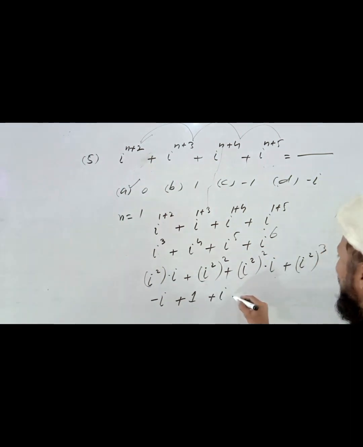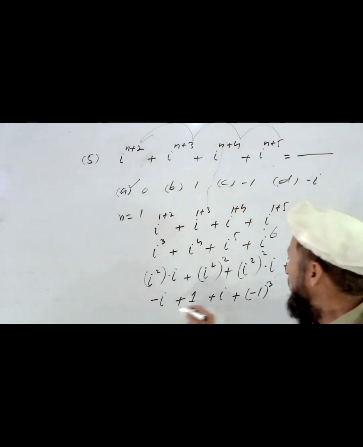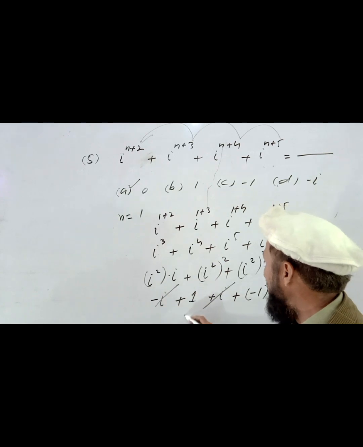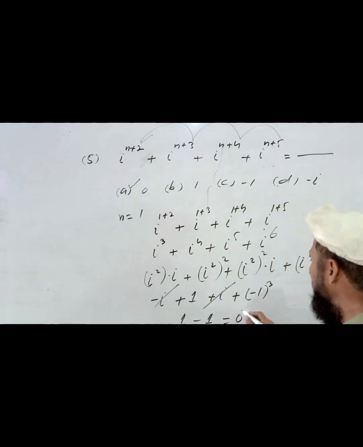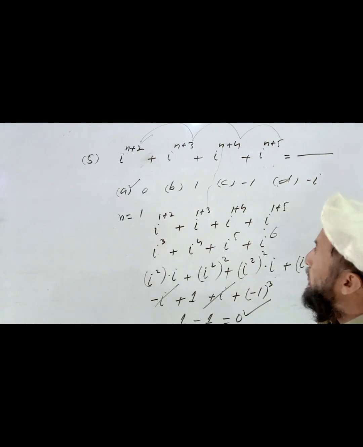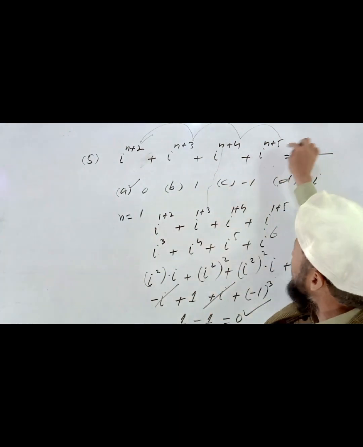So minus i plus i cancel, plus 1 and minus 1. So the result is 0. According to the general form, if we apply it to consecutive positive integers, the powers increase step by step.